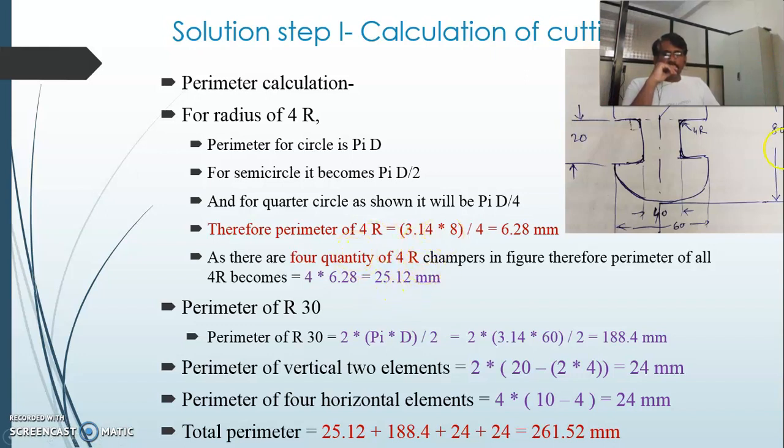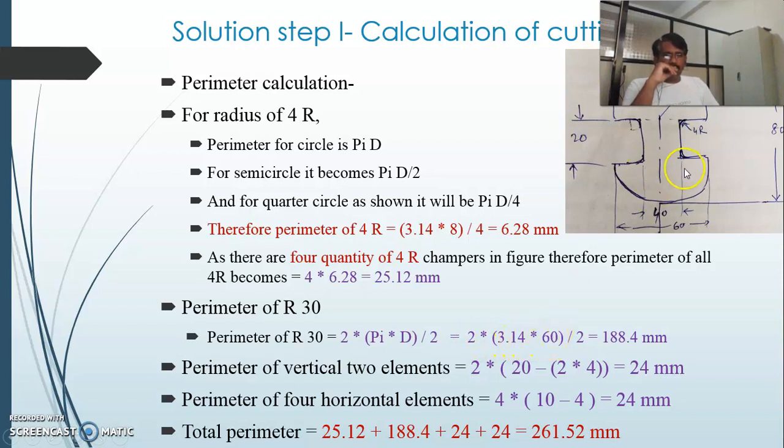Now the perimeter of the other element, that is the semicircle. As it is a semicircle, the perimeter becomes pi d by 2, and the quantity will be 2, since 2 semicircles are available with this component. So the perimeter is 2 into pi d by 2, that is 2 into 3.14 into diameter by 2.